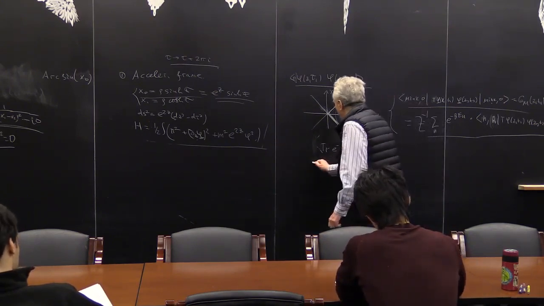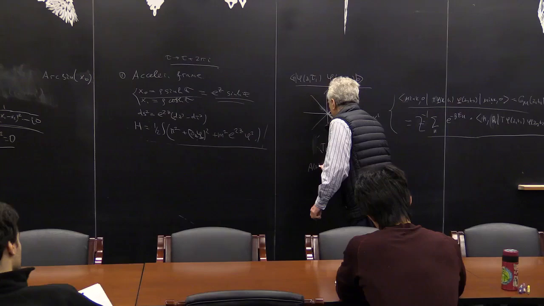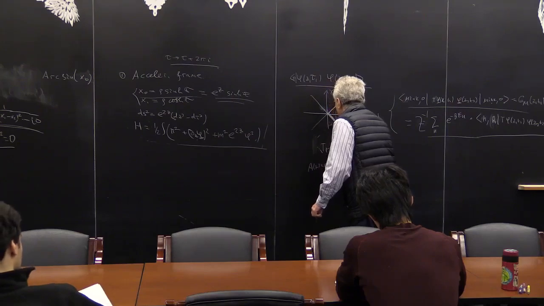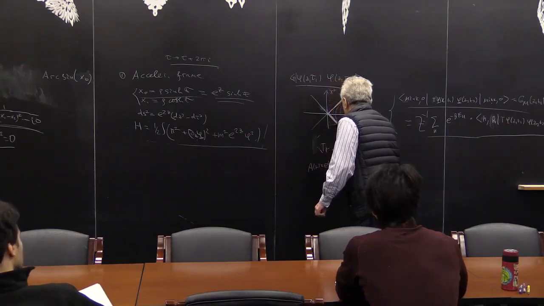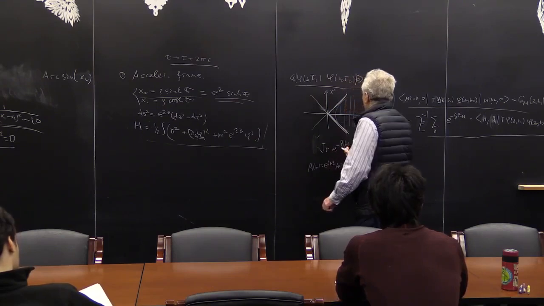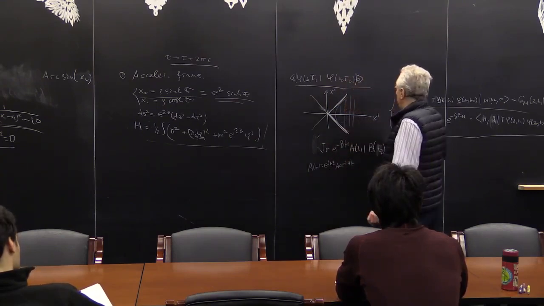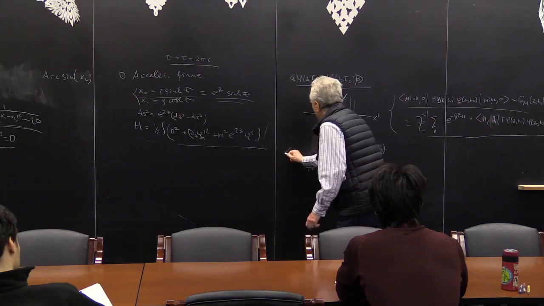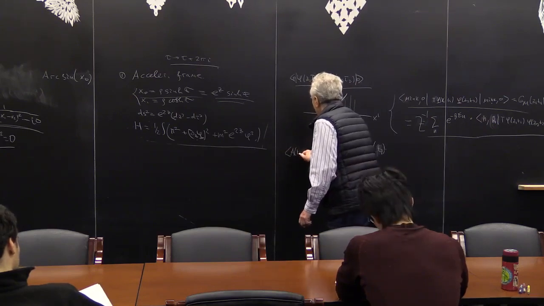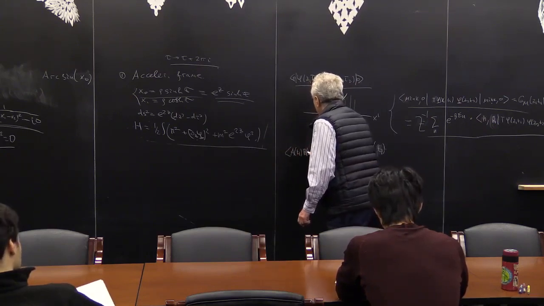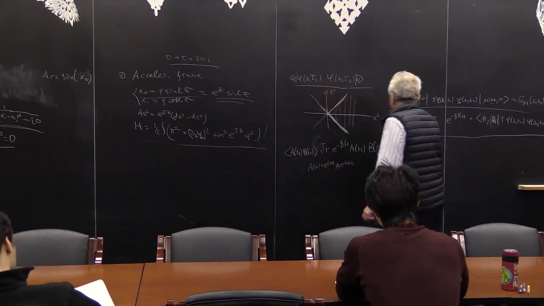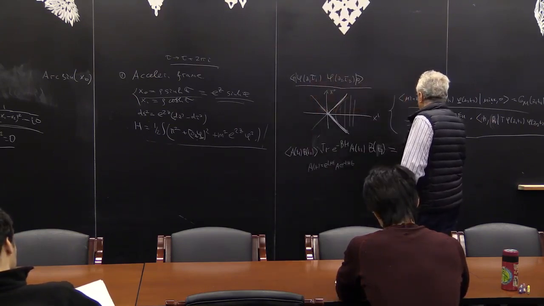Then we plug in A(t) equals e to the iHt, A, e to the minus iHt, and then we use the cyclic symmetry of the trace to show that the average of A(t1) B(t2) is equal to the average of B(t2) with a shifted argument times A(t1).